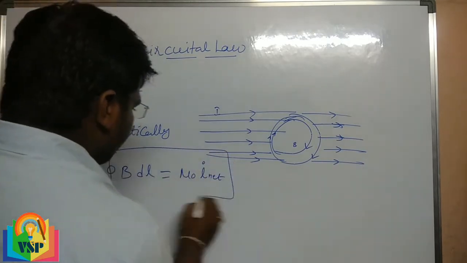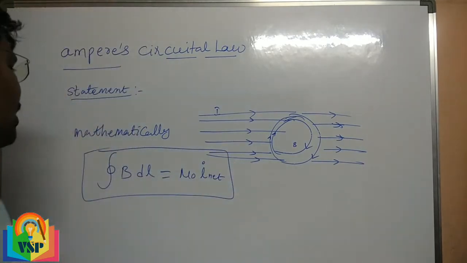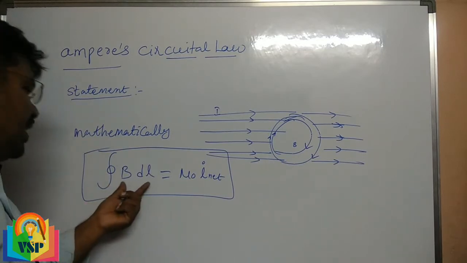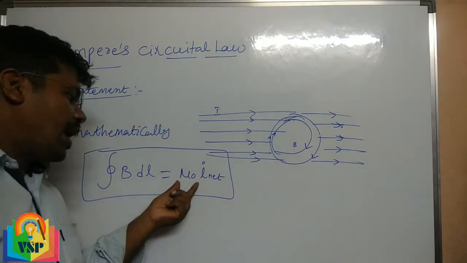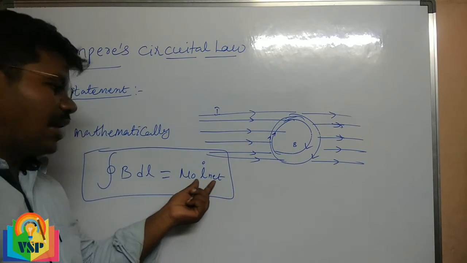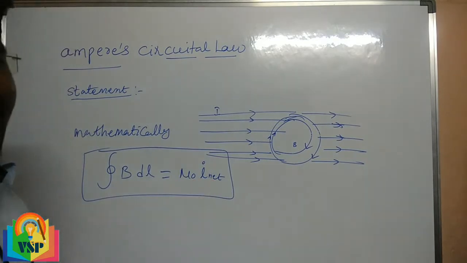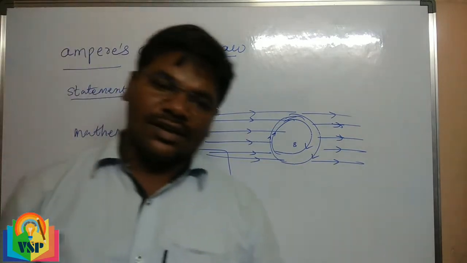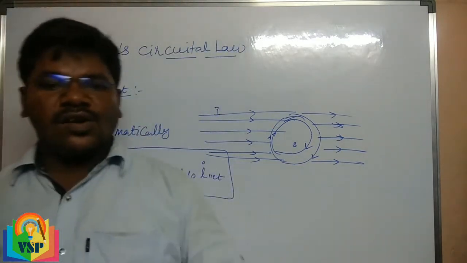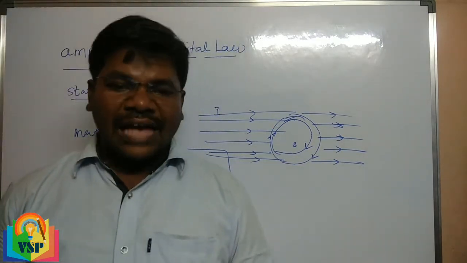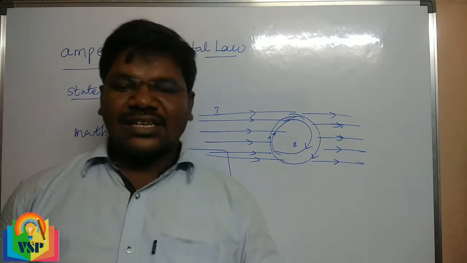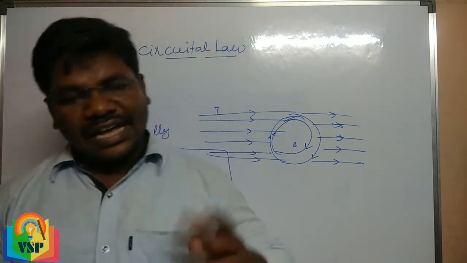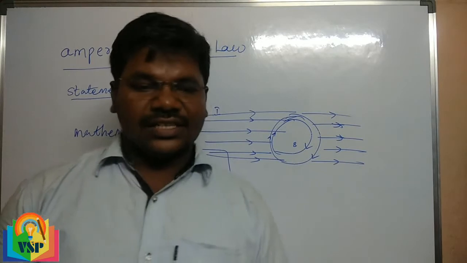This is a very important one. Line integral of B dot dl is equal to mu naught I net. This law is applicable for an Amperean loop, as Gauss's law is used for a Gaussian surface in electrostatics.